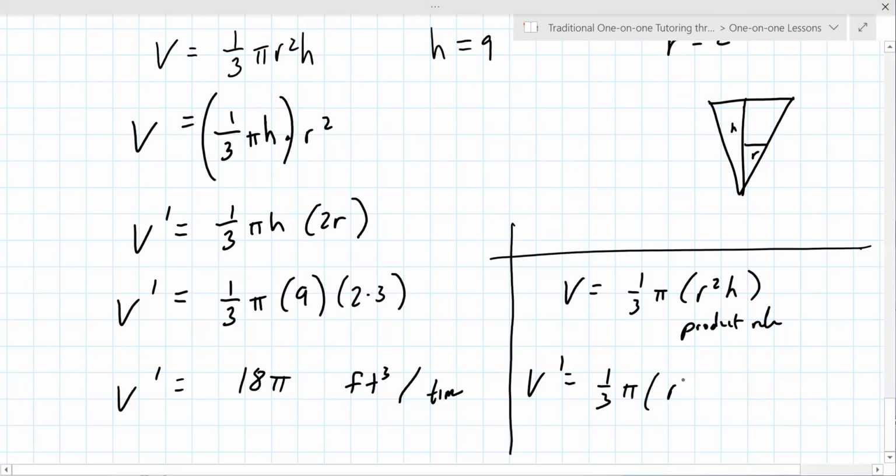It's r squared h prime plus 2rh r prime. This still works because h prime is 0, but this is what I was expecting when you first showed me the problem. But there are some language issues in this, which make it difficult to understand what you're asking.